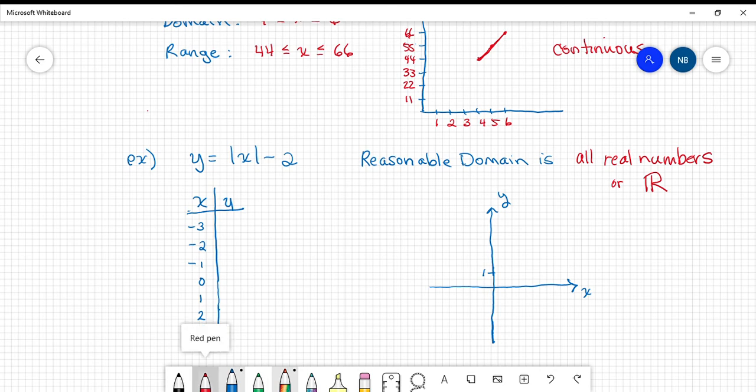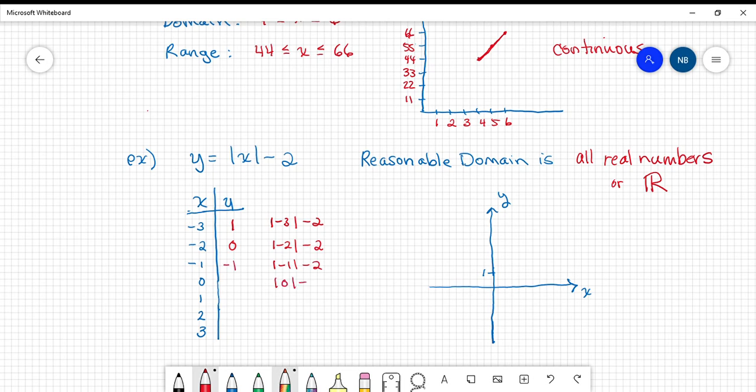The y values that come out of this, well, absolute value of -3 minus 2 is +3 minus 2, or 1. Absolute value of -2 minus 2 is +2 minus 2, or 0. Absolute value of -1 minus 2 is 1 minus 2, or -1.